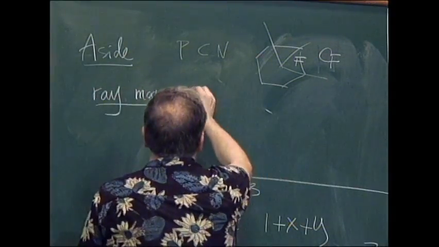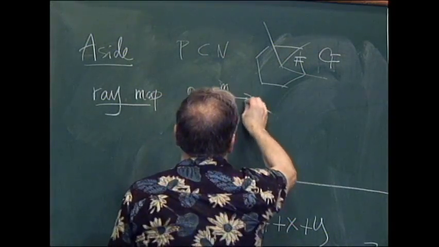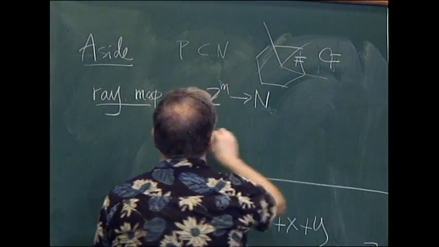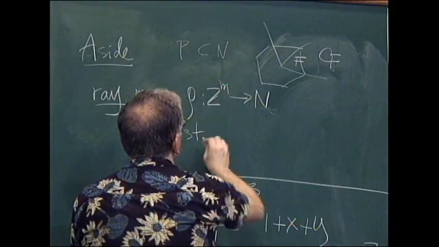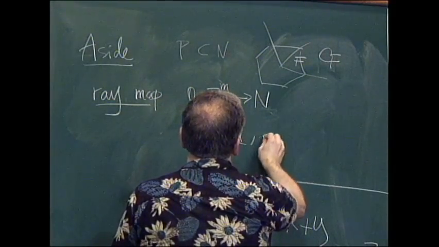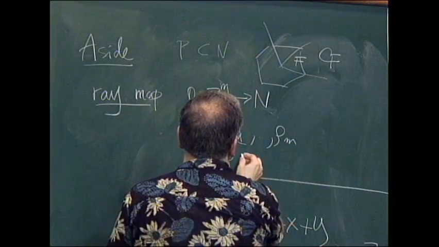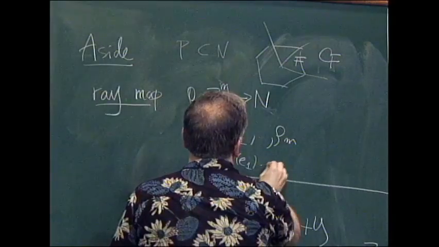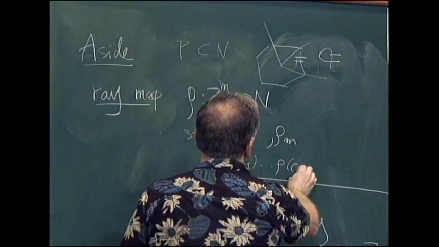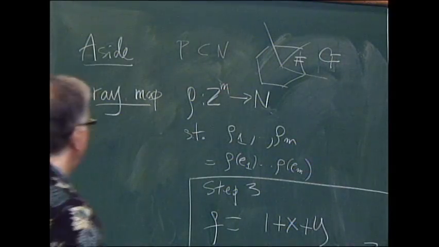That's the map rho from Zm to N, such that we look at rho 1 up to rho m. These are the rho of e1 up to rho of em, the images of the m basis vectors, the standard basis vectors in Zm.